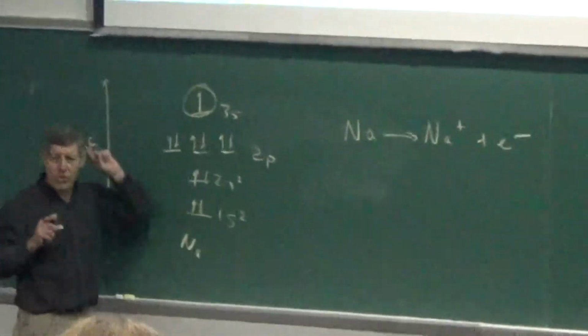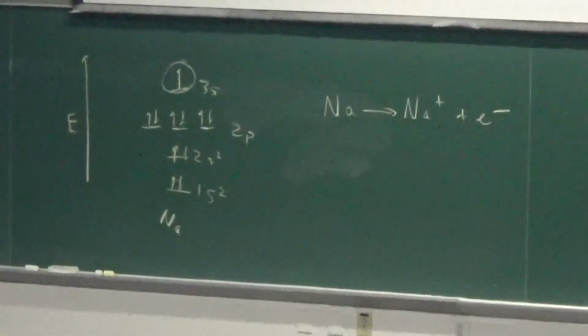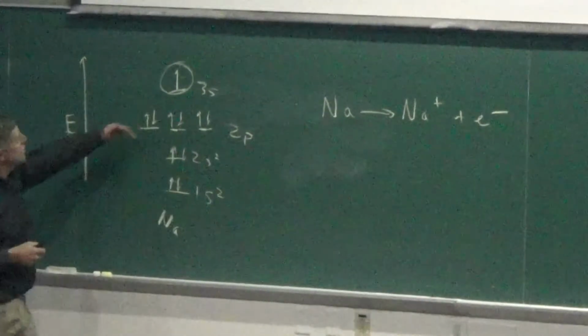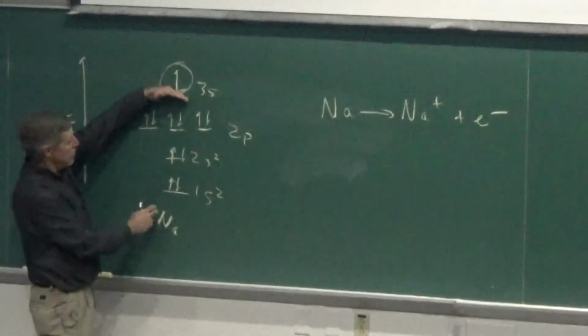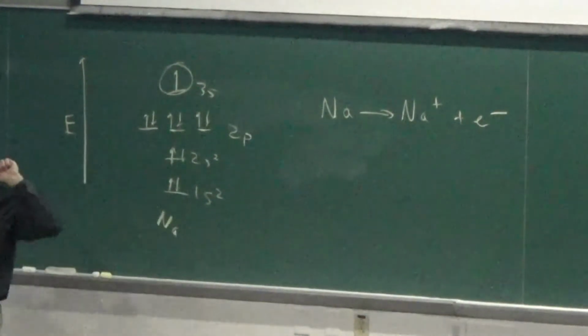So what's the difference? Well, if you look at sodium as a metal, or as an atom, it's got one electron in that s orbital. If we take that one away, then what do we have left over? Well, what do we have below here? We have a filled n equals 1 level, and we have a filled n equals 2 level.